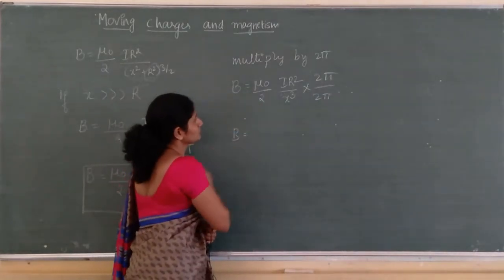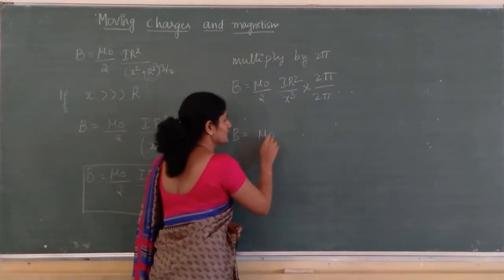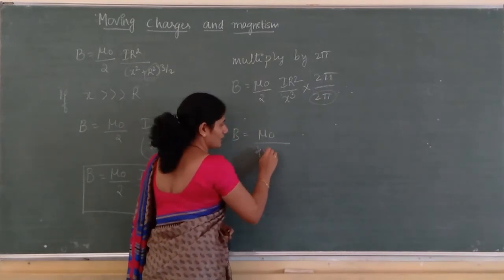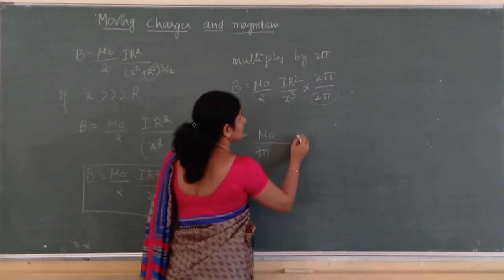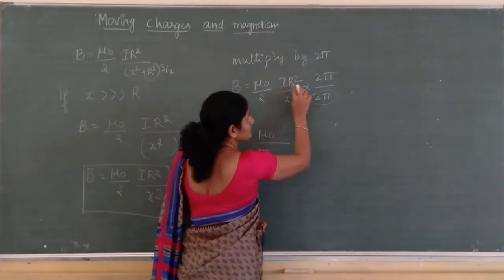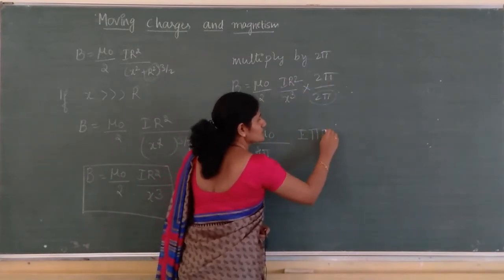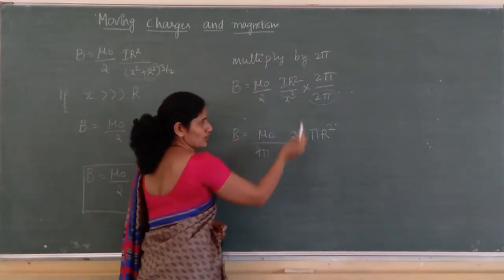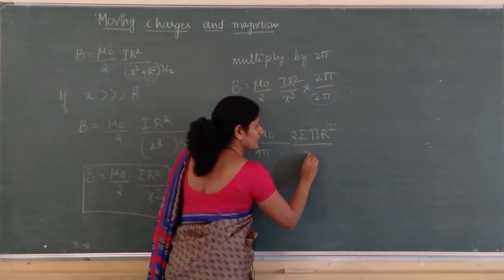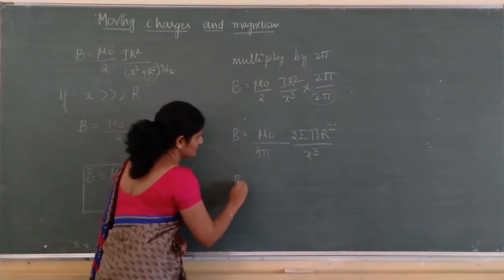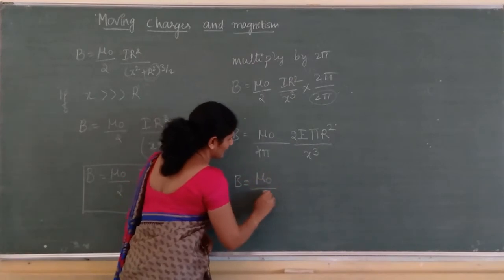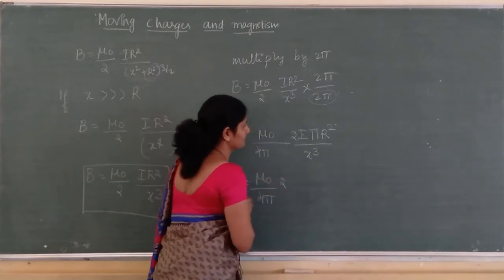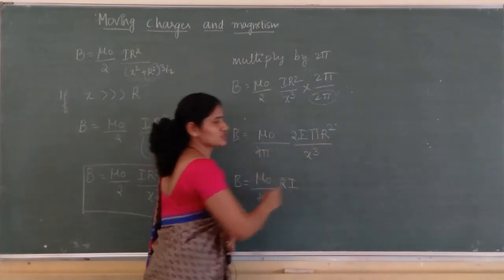So, B is equal to mu naught by 4 pi into 2 I pi r square divided by x cube.